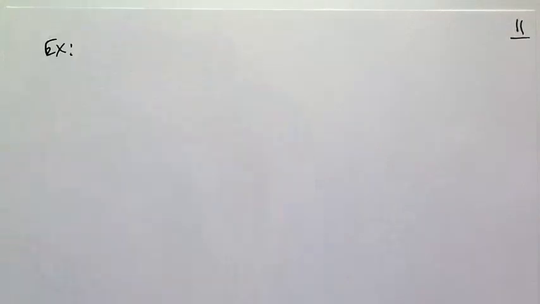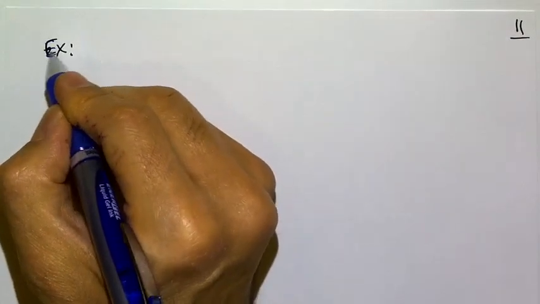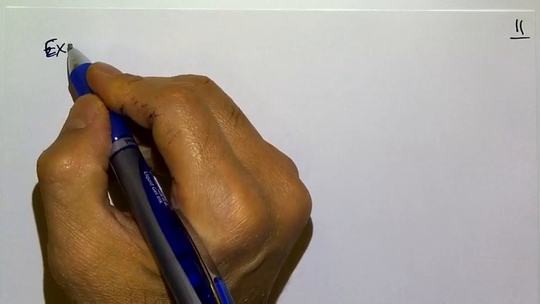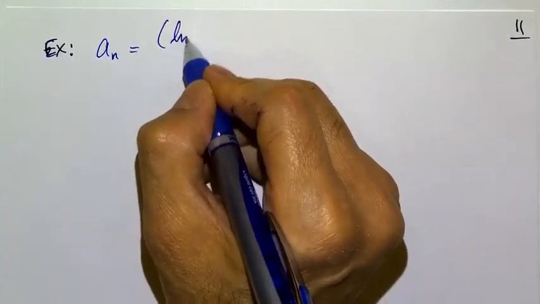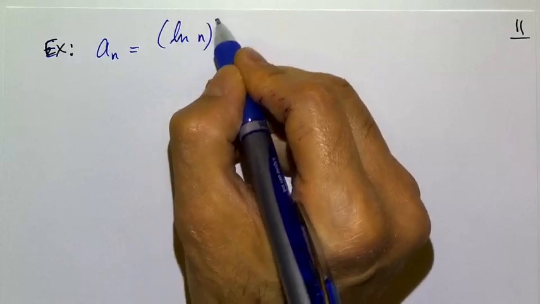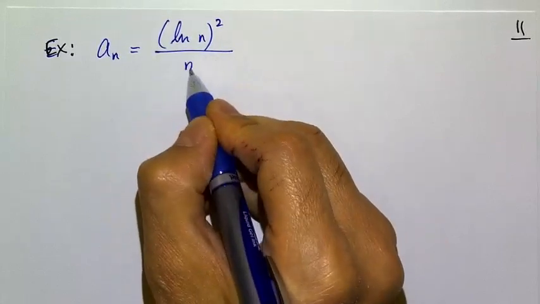Okay, so another example. We have this sequence a sub n equals natural log of n squared divided by n.